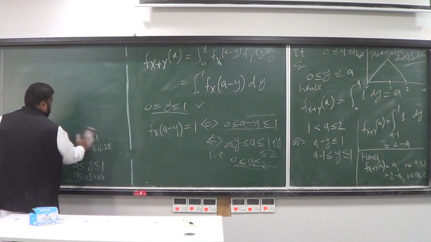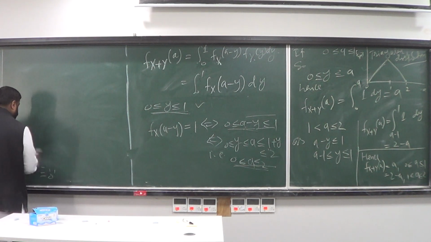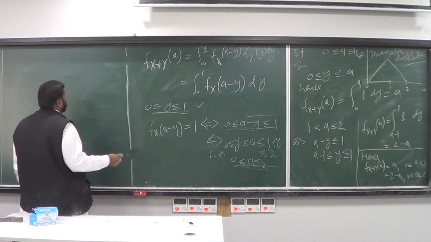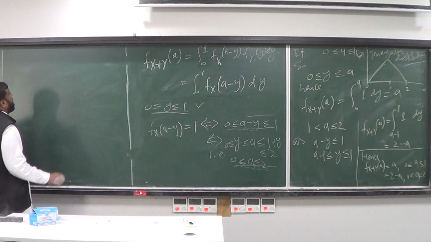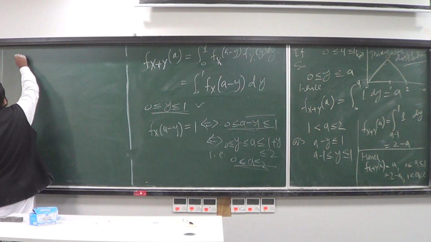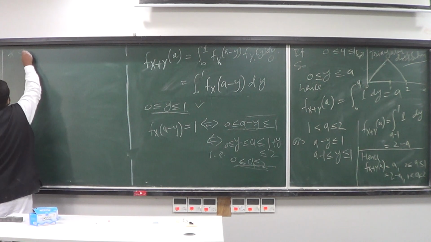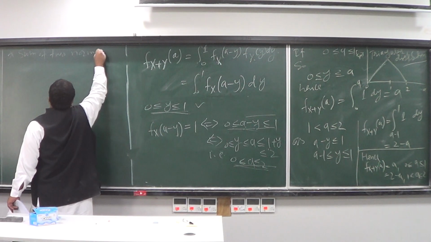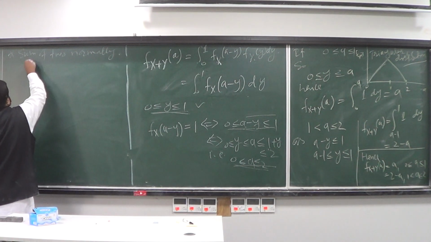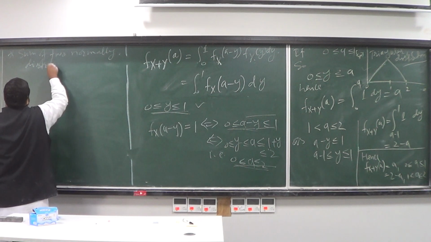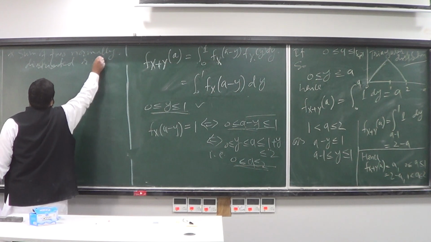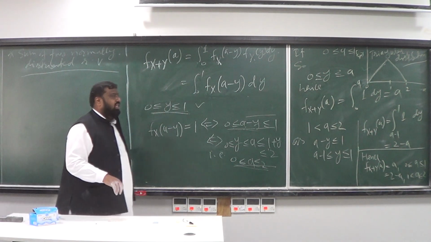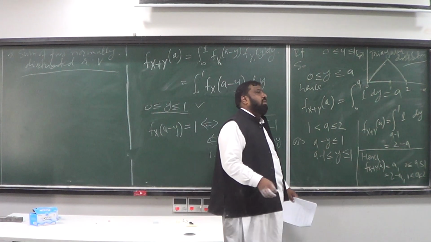So next is the sum of two normally distributed random variables.